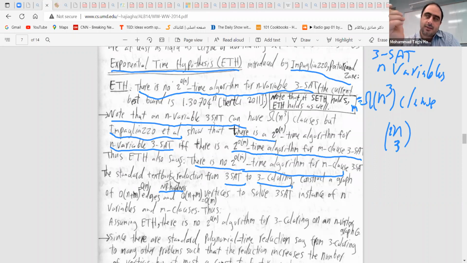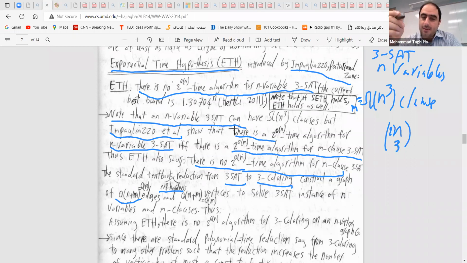If the 3-SAT instance has n variables and m clauses, you can turn it into a 3-coloring problem. What's the meaning of a reduction from 3-SAT to 3-coloring? It means that 3-SAT can be solved by 3-coloring. You construct a graph. What is the size of this graph? The size of this graph would be order n plus m.